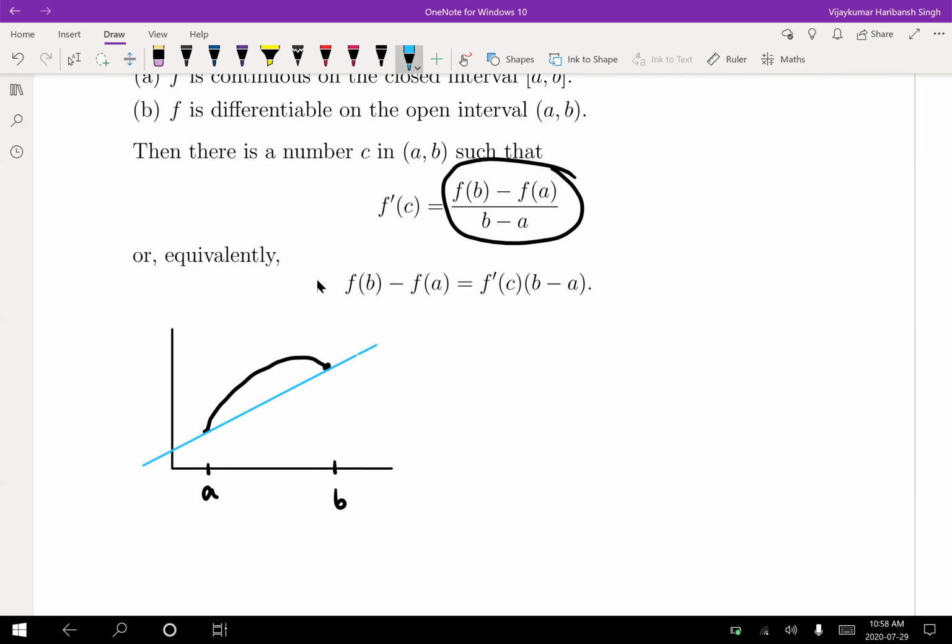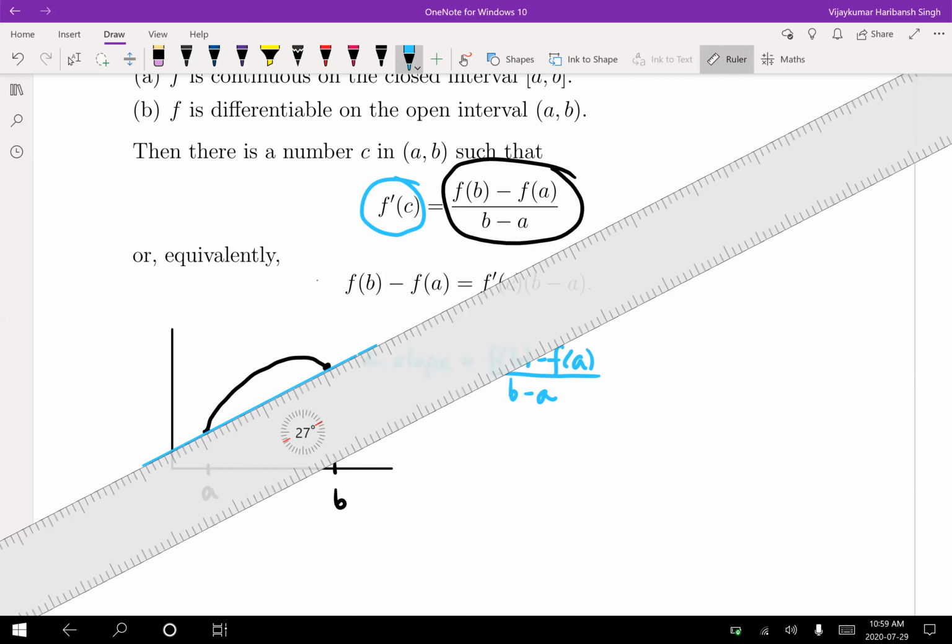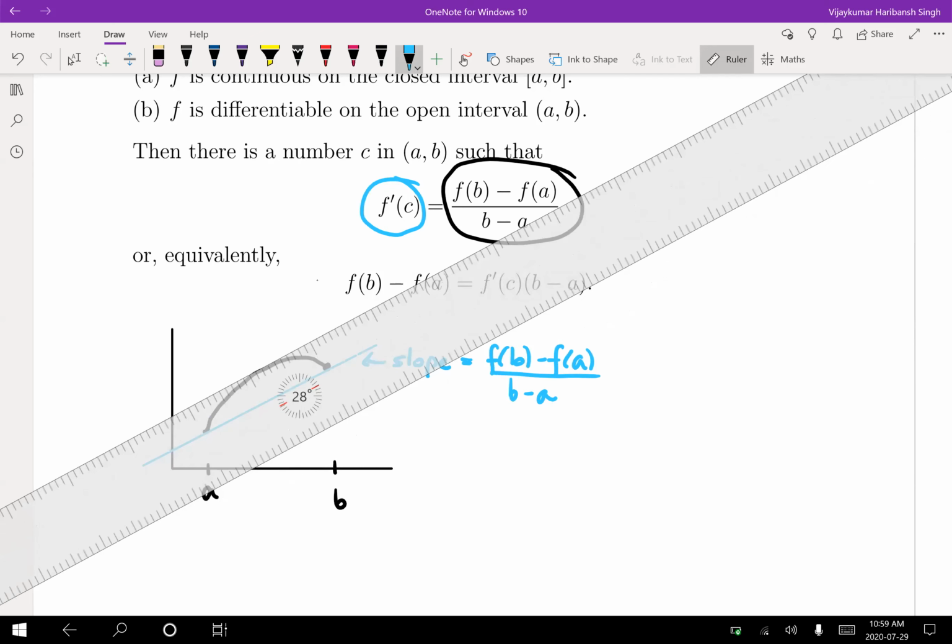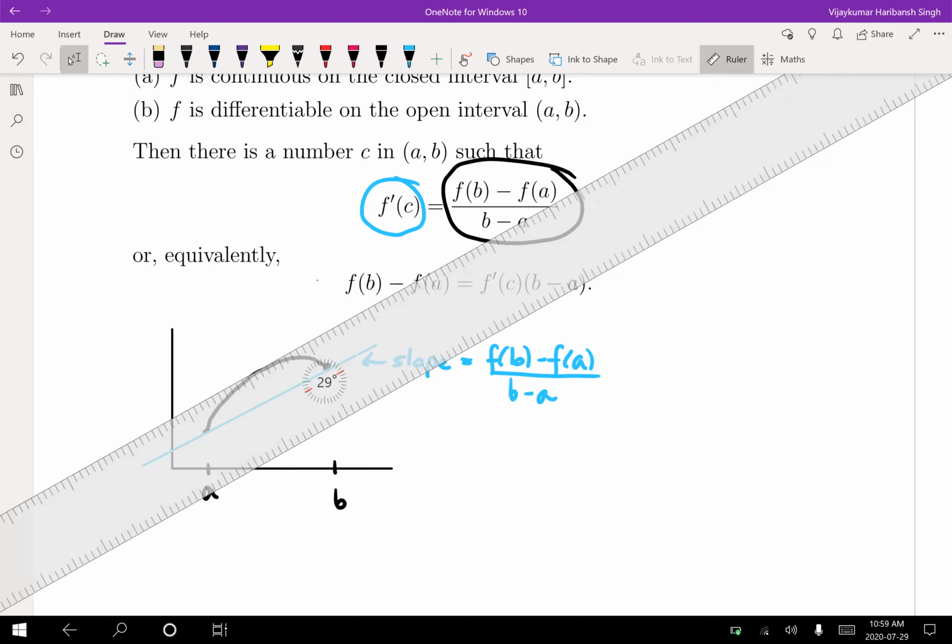What is the slope of this line? The slope equals f of b minus f of a over b minus a. Now, what is the theorem telling you? That there is some point c between a and b such that f prime of c is equal to f of b minus f of a over b minus a. But what is f prime of c? It is the slope of the tangent line, right? So we are saying that somewhere here there is a point.